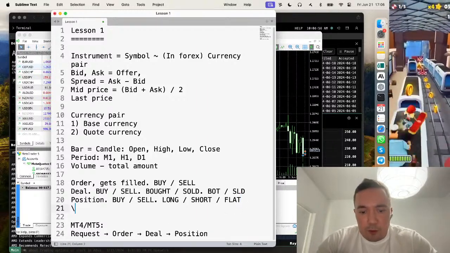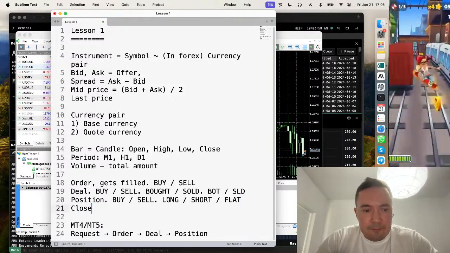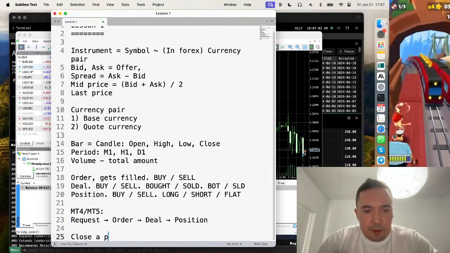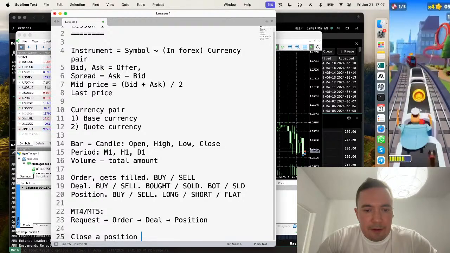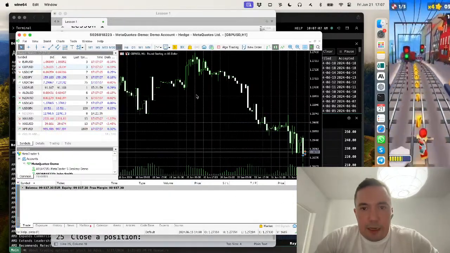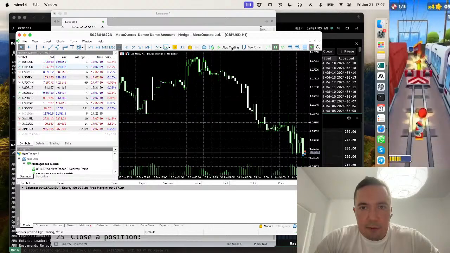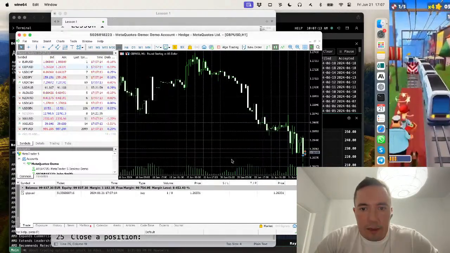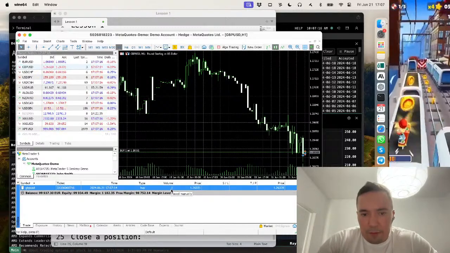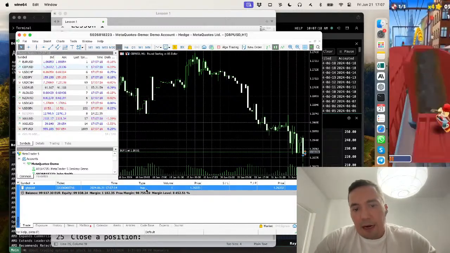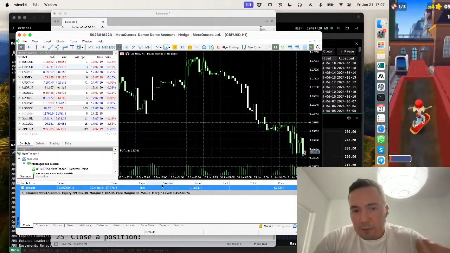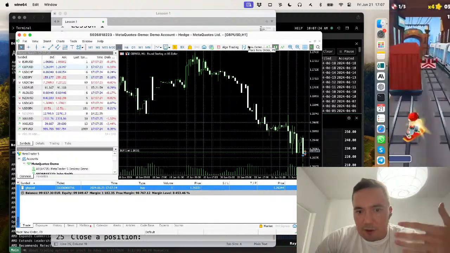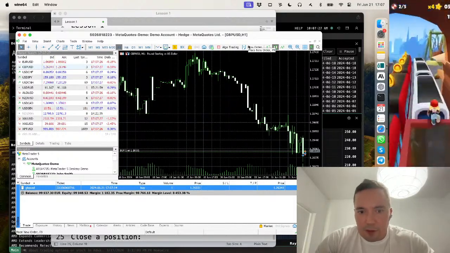And by the way, what is close? It's not probably here, but close a position. When I buy something, I bought one, right? So I can sell what I bought. If I create a new position, I'll create a sell position.